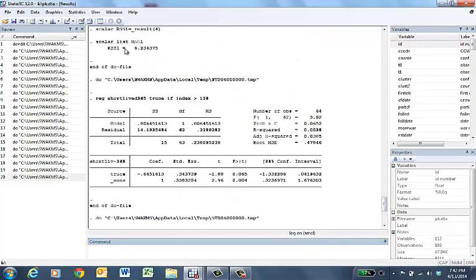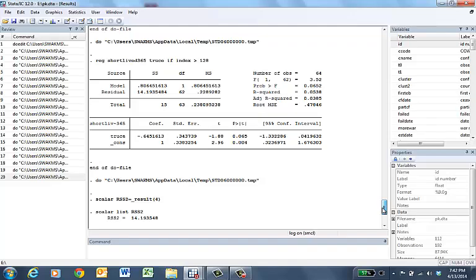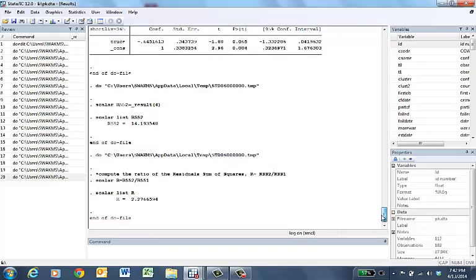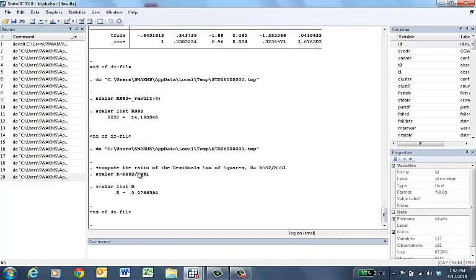So the residual sum of squares from the first model is about 6.23. From the second model, it's about 14.19. And so the ratio of these, so the second RSS over the first RSS, is about 2.28.